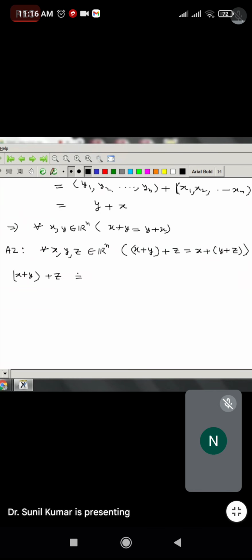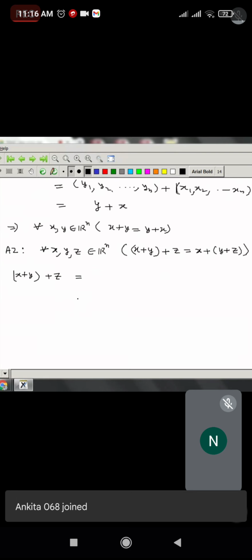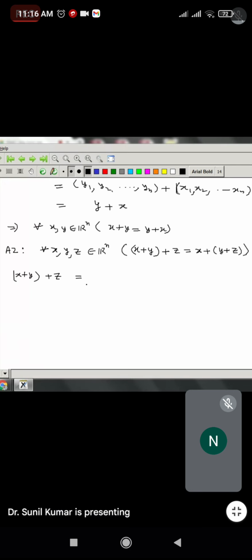Now all of you know that because x belongs to Rn, it looks like an n-tuple. y is (y1, y2, up to yn), z is (z1, z2, so on zn), right?